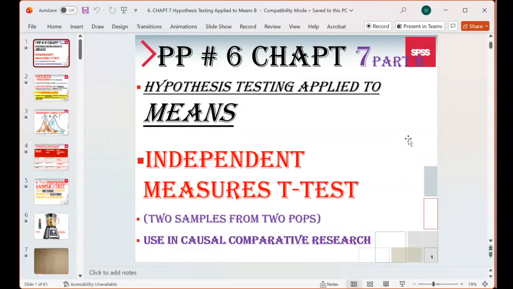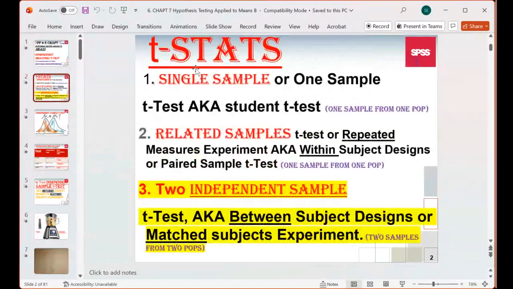So with no further delay, we're going to cover this chapter. If you already understand single sample t-test and repeated measure t-test, you have no problem understanding this one. And like mentioned early in the past, there are three different types of t-tests, and it's all about research.